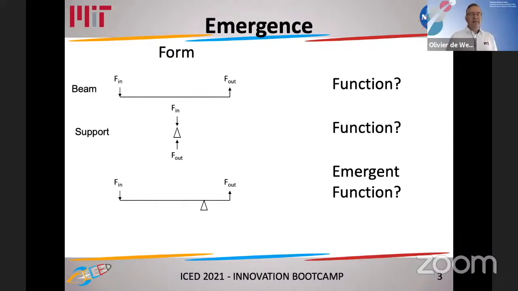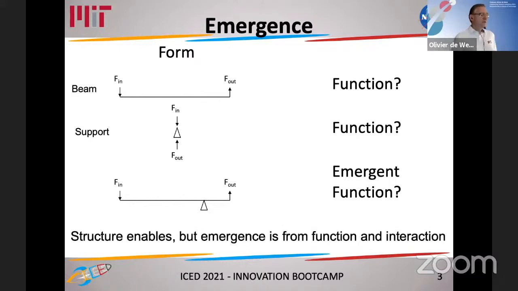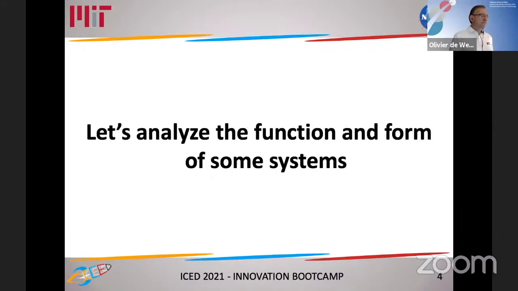So think about that. We've created a lever to amplify force, and that functionality emerges from the fundamental building blocks. That's how engineering works, of course, for much more complex things, as we'll see. So the structure enables, but the emergence happens from functional interactions.